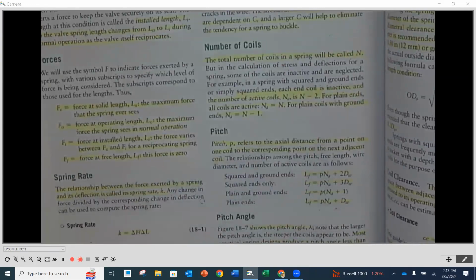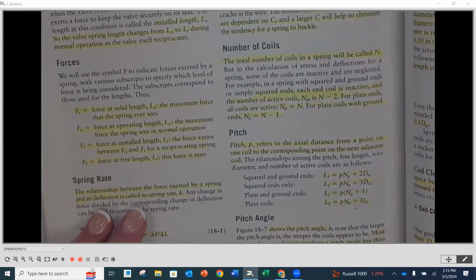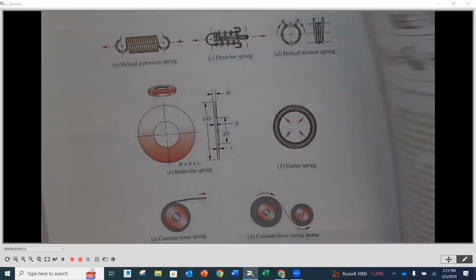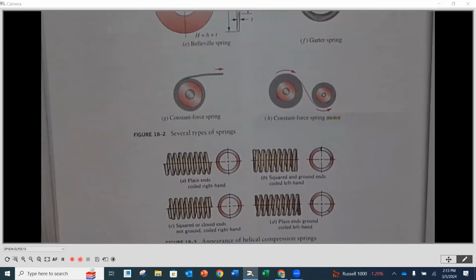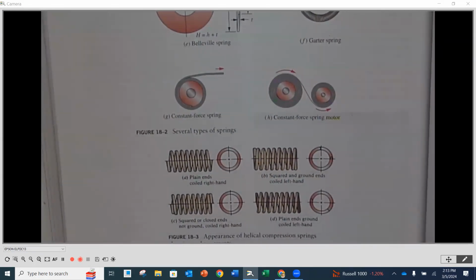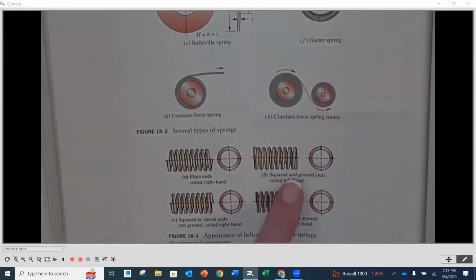And if you want a pictorial of what those look like, as a reminder, on the bottom of page 658, the ground and squared ends are this figure right here. So they ensure that it's going to be nice and flat at the bottom, but because of that grinding away, now we're losing some active coils that are part of the operation.